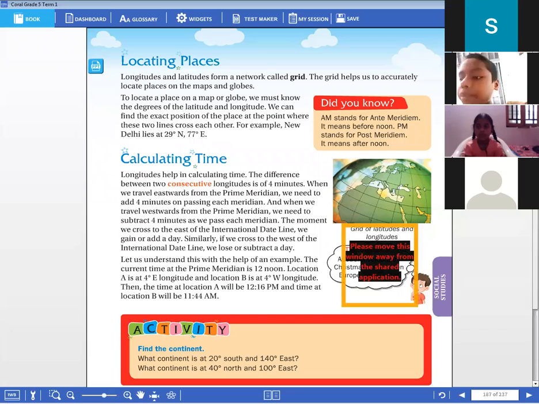For example, 29 degrees north and 77 degrees east is the number location of our Delhi in the world map. They just gave you a hint: 29 degrees north and 77 degrees east.